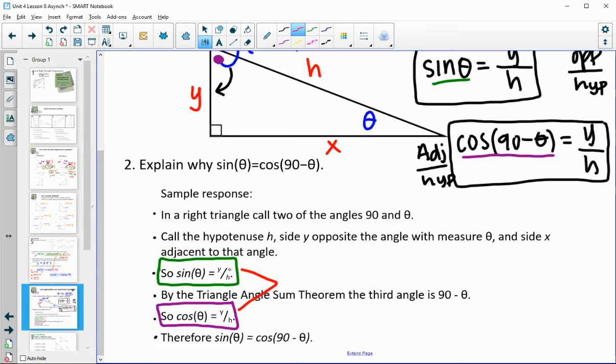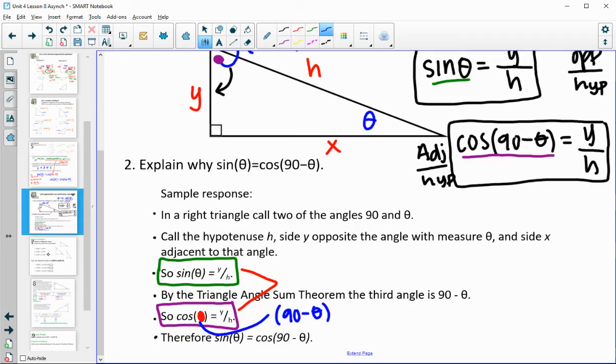So sine of theta is Y over H, cosine of, oops, that should say 90 minus theta. So the cosine of 90 minus theta is Y over H. Therefore, sine of theta and cosine of 90 minus theta are equal to each other.